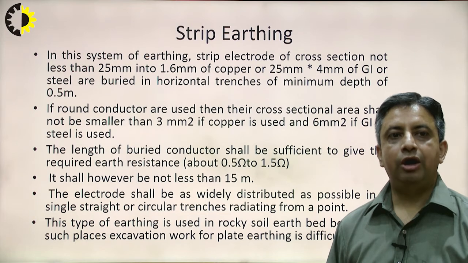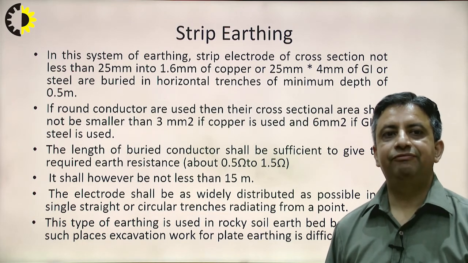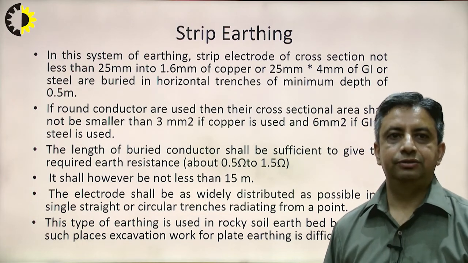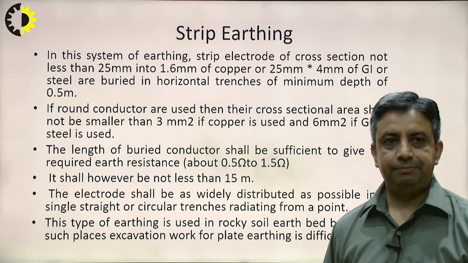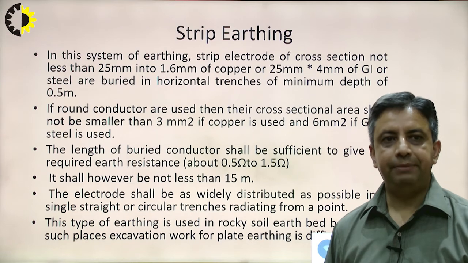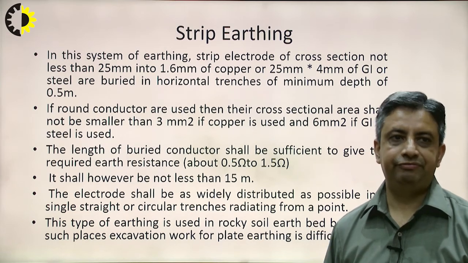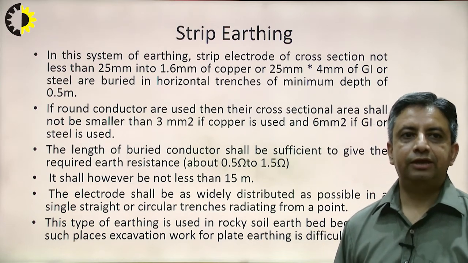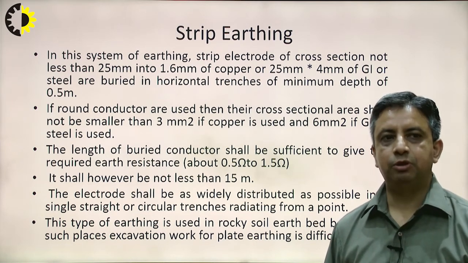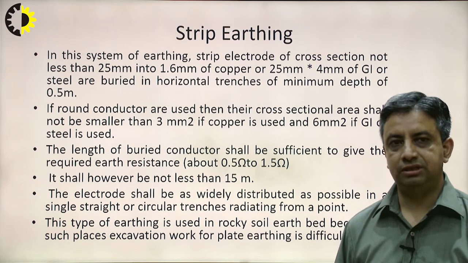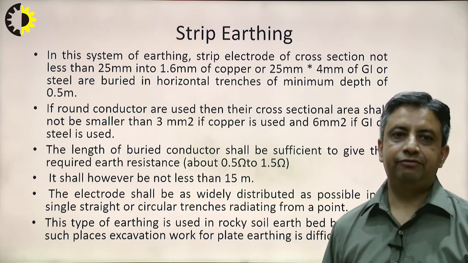The length shall, however, be not less than 15 meter. So that length of the strip earthing should be embedded at least up to 15 meter. The electrode shall be as widely distributed as possible in single straight or circular trenches radiating from one point.